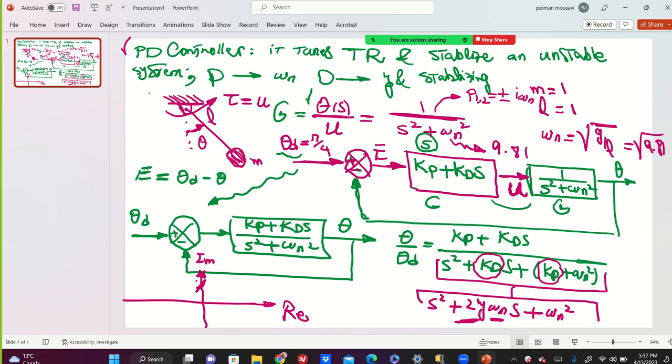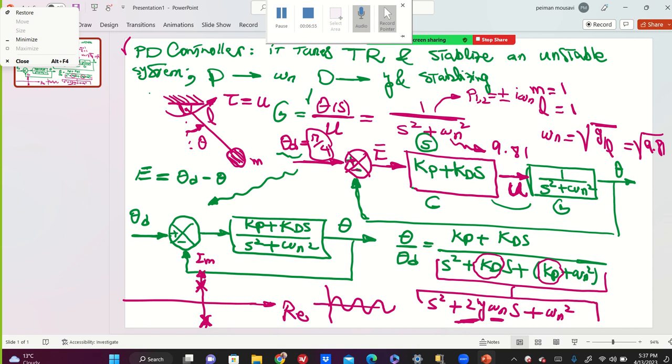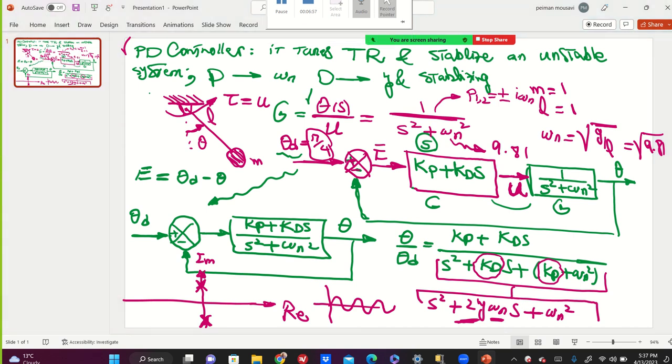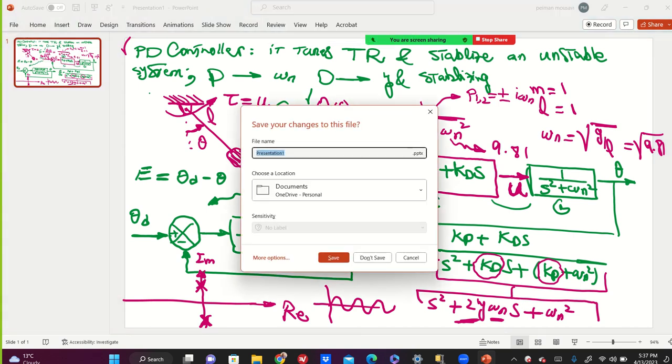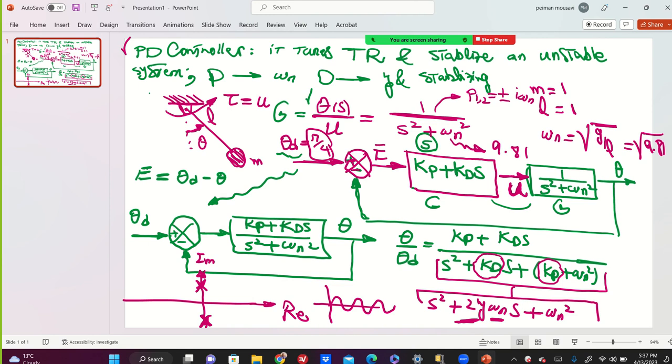I taught you from the first or second class, if the pair of poles of the system is on the imaginary axis, it means the system is going to oscillate forever. This is not good because we want to keep it at 45 degrees. Clear? Yes. Everybody? Yes.